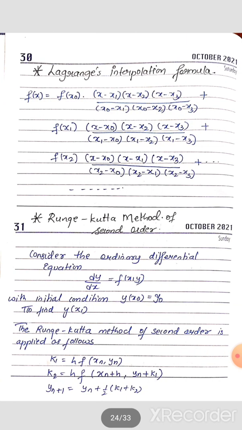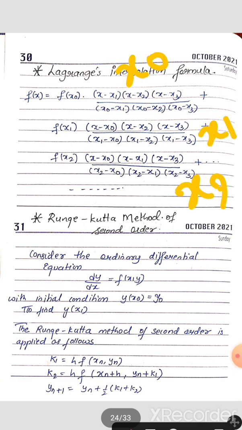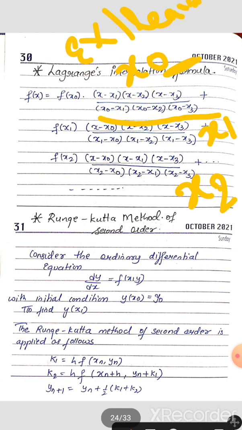Next, coming back to the Lagrange interpolation formula. The simplest way to remember it: here you are doing it for x0, here for x1, and here for x2. If you are writing the first term, you have to take x0 in the denominator, and leave x0 out of the numerator.